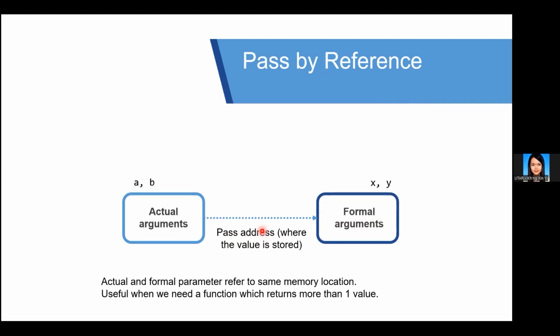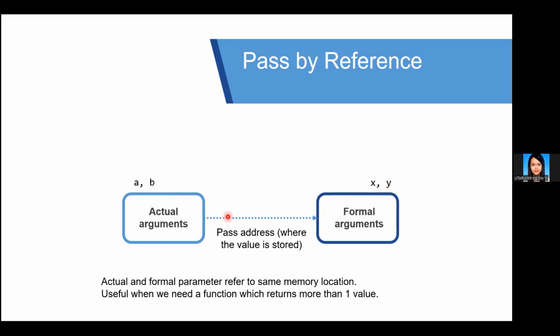Okay, so since we are passing down the address, both the actual arguments and formal arguments actually refer to the same memory location, which means that this A and this X are stored in the same location. They're actually referring to the same value stored in the same location. And then for B and Y, they are likewise referring to the same value stored in the same location.